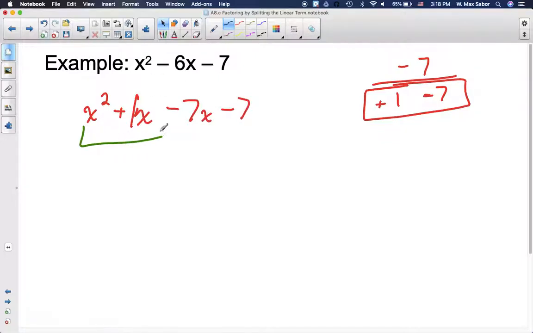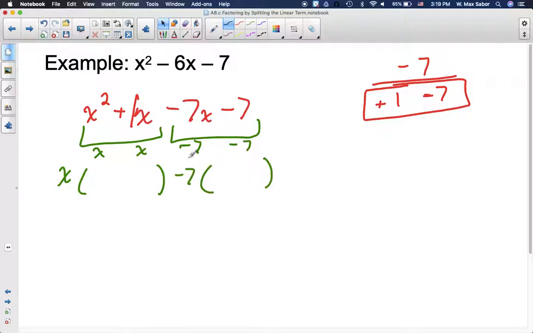Now we factor by greatest common factor. Here the greatest common factor was x. So when we divide by x, we divide by negative 7. We will get x plus 1, and dividing these, we'll get x plus 1, leaving us with x plus 1 times x minus 7.